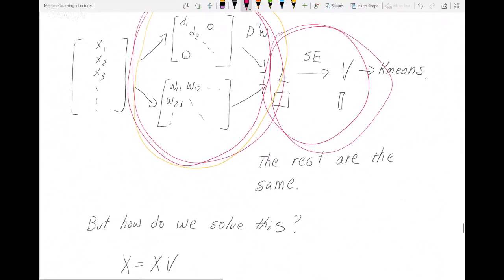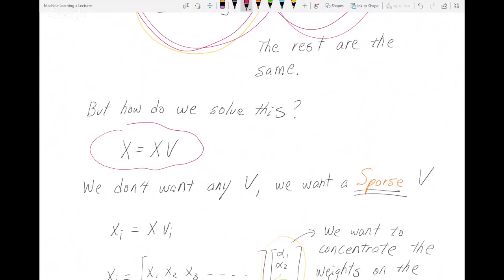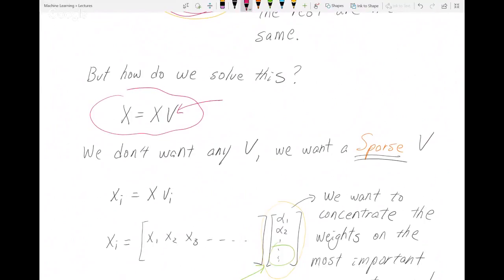So how do we solve this? This is the situation. Now, we don't want to solve for just any V. We want some special V. We want a V that is sparse, which means there are a lot of zeros inside it.